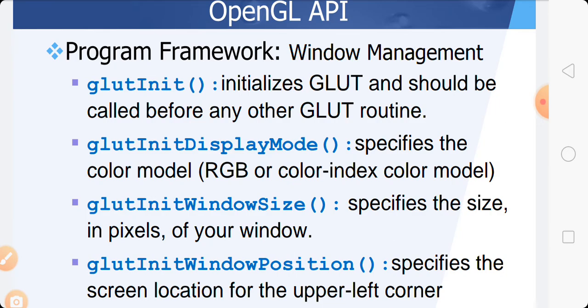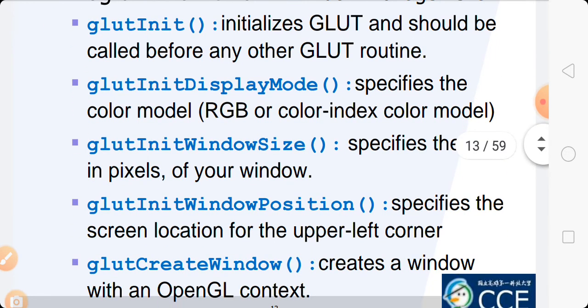Now third thing, glutInitWindowSize. It specifies the window size in pixels, whatever its size will be. Now the glutInitWindowPosition function specifies the screen location for the upper left corner.